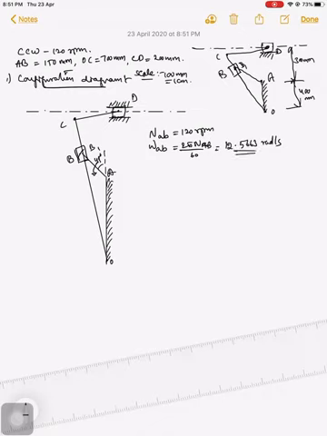So this is the value of omega AB. When you know omega AB, it is easy to find the linear velocity, that is VAB is equal to omega AB into the link length AB. Link length of AB is 150 millimeter, that is 0.15 meters. When you substitute those values, you will find the linear velocity of B with respect to A, 1.88 meter per second.